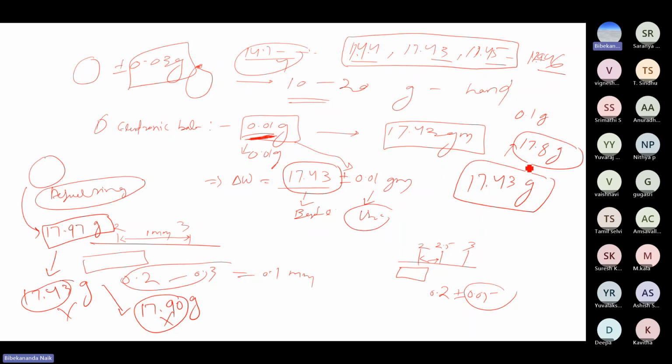Clearly, between these two readings, 17.8 gram and 17.43 gram, the 17.43 gram is more precise, because here the least count is 0.01 gram. But when you compare it with the true value, suppose the true value is 17.97, then 17.8 is less precise, but it is more accurate because it is very close to 17.97 grams.